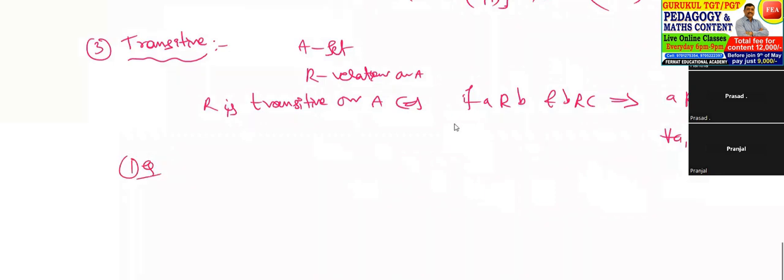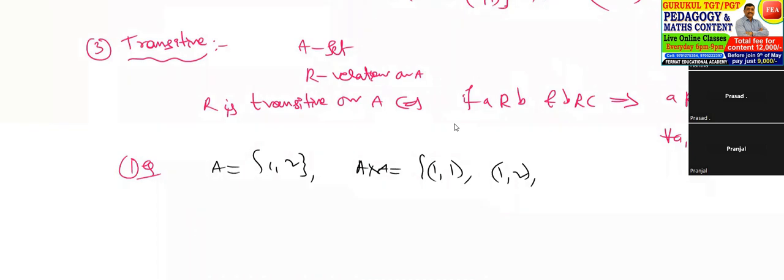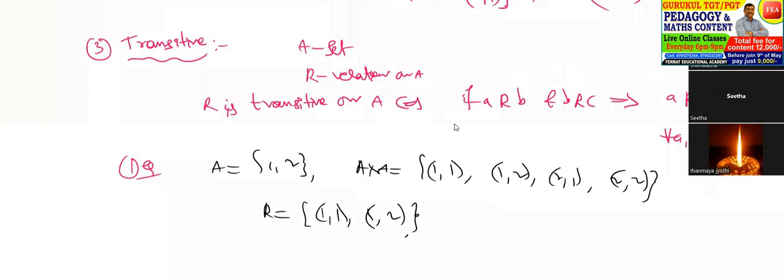For the same example, I am taking the same set for simplicity and understanding purposes: A = {1, 2}. Suppose R is equal to {(1, 1), (1, 2)}. Is it transitive?